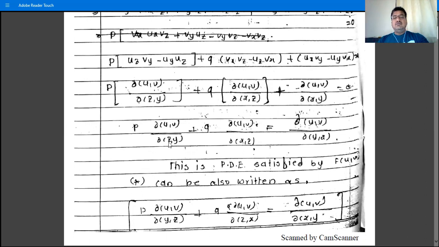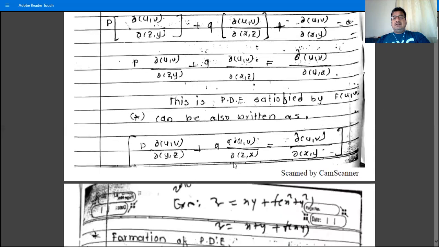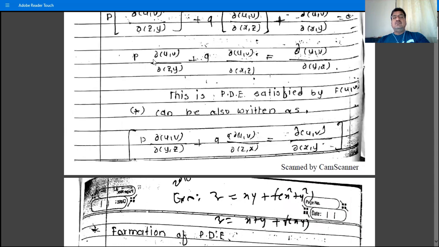Then p ∂(u,v)/∂(z,y), ∂(u,v)/∂(x,z), and ∂(u,v)/∂(x,y) or (y,x). Then if we change the sign of all these, write minus, minus, minus. So we have p ∂(u,v)/∂(y,z). Instead of zy, write yz.